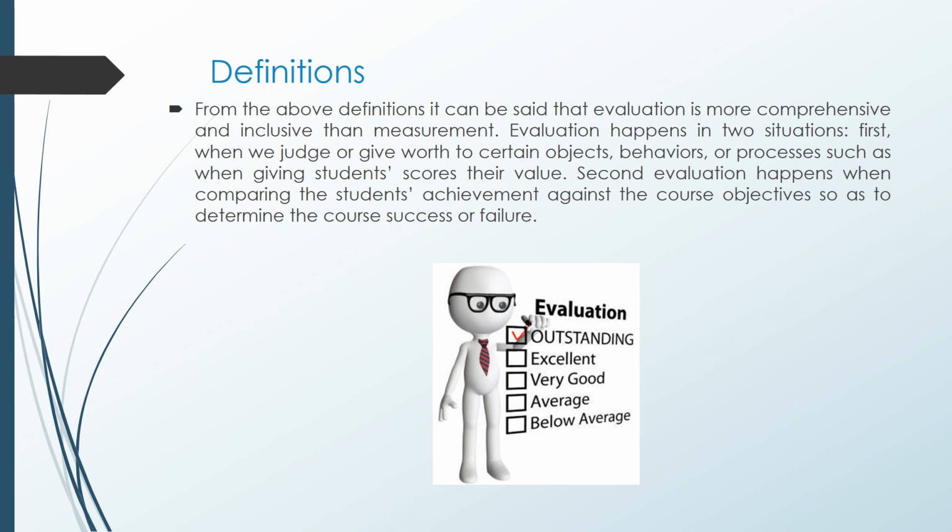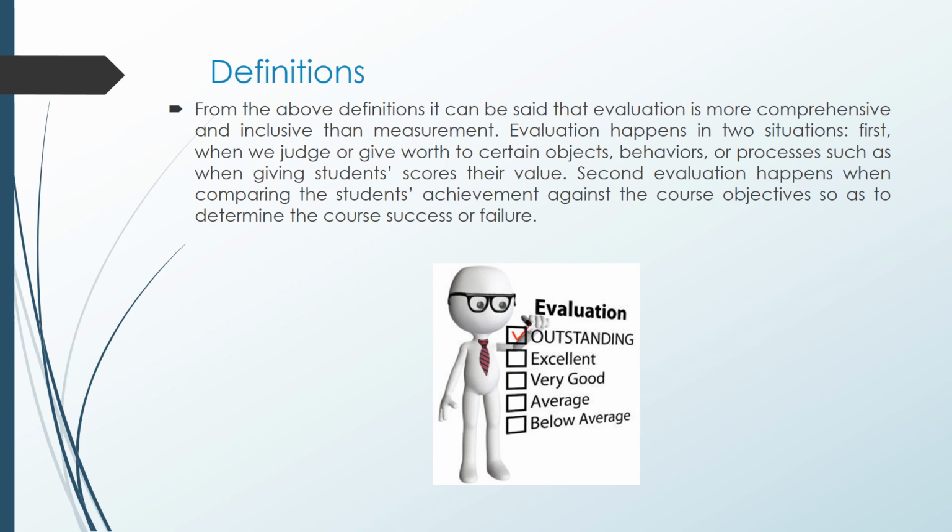So from the above definitions, it can be said that evaluation is more comprehensive and inclusive than measurement. As you see, we said you measure your students' achievement through certain techniques in which you get performance from them, such as a test.